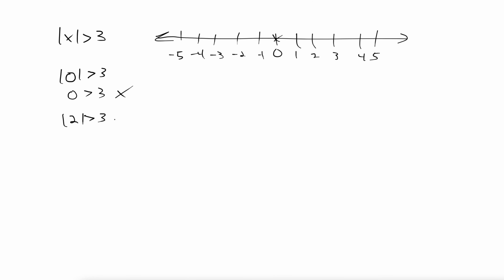Absolute value of 2 is 2, and 2 is not bigger than 3, so that's not in there. Same thing with negative 2. When we take the absolute value of negative 2, it turns positive. Is that greater than 3? Nope. So none of these are in there. Even 3 itself is not in there. All this middle stuff is out.